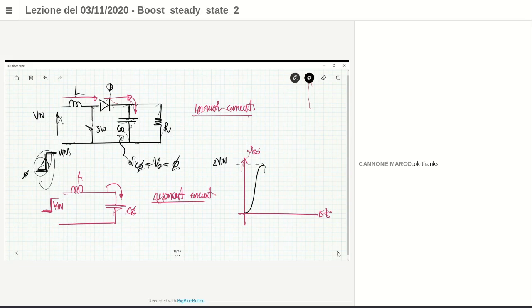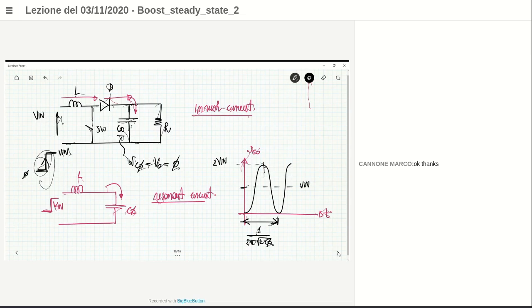Then it oscillates. And the frequency of this oscillation is 1 over 2 pi square root of L C naught. The average value here is V in, but it reaches 2 V in.